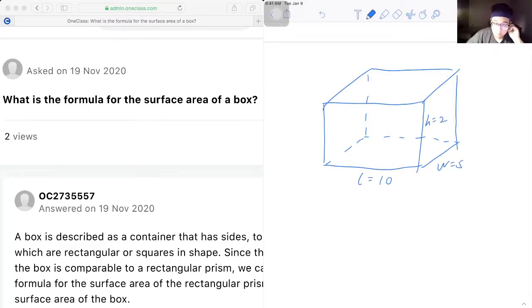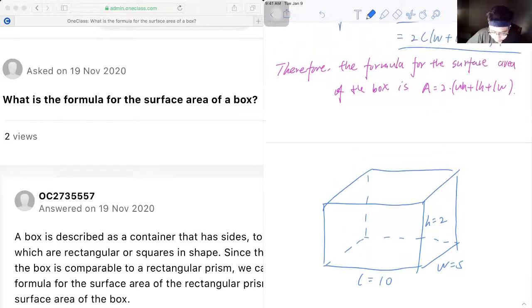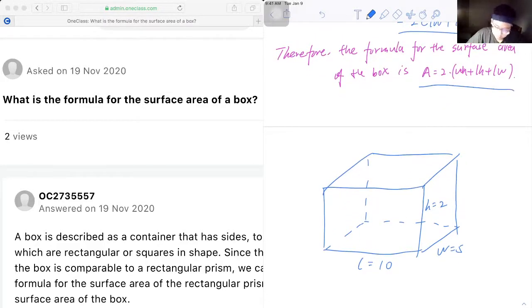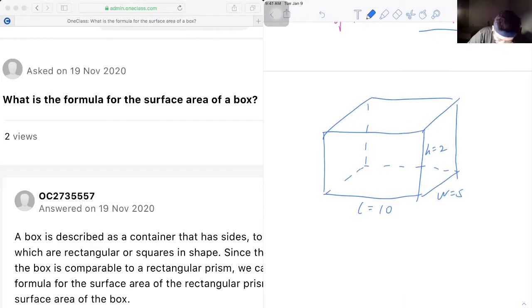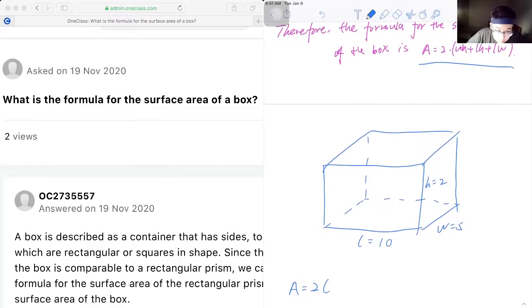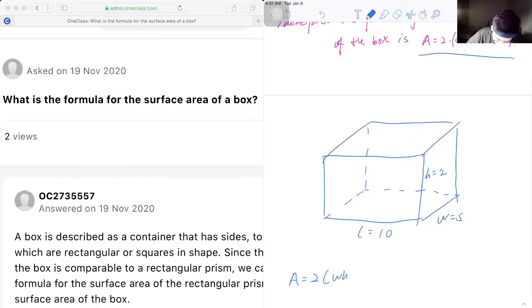If we want to know the surface area of this box, we just need to simply apply our formula, which is given by A is equal to 2 times WH plus LH plus LW.